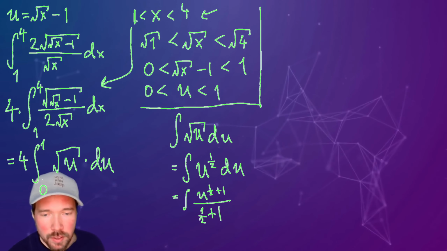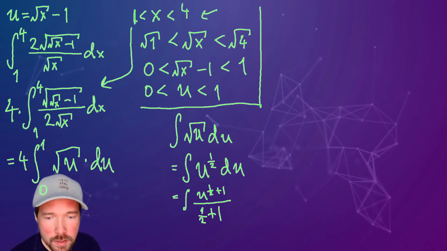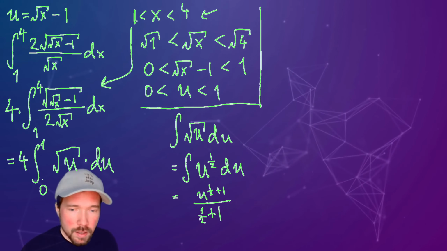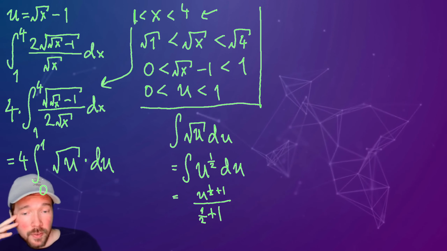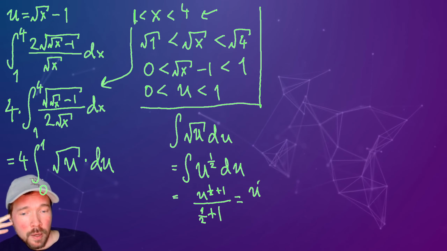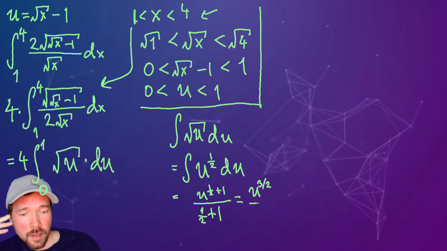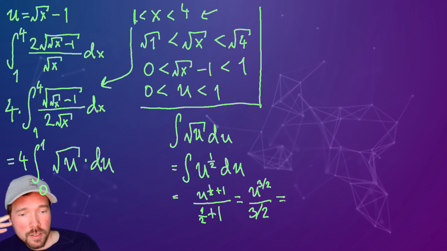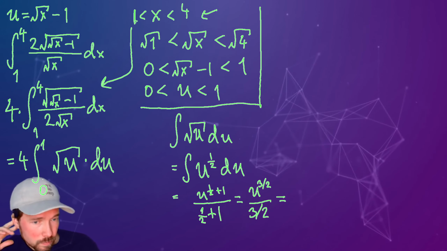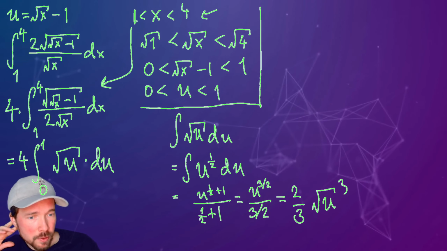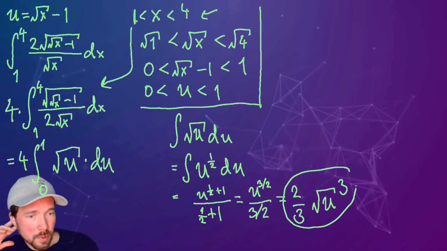So that's the integral function. I'm sorry, this integral sign here is not necessary. This is the integral function. Now if I simplify it, it is going to be u to power 3 halves divided by 3 halves, which is equal to 2/3 square root of u to power 3. So this is what I'm going to be using.